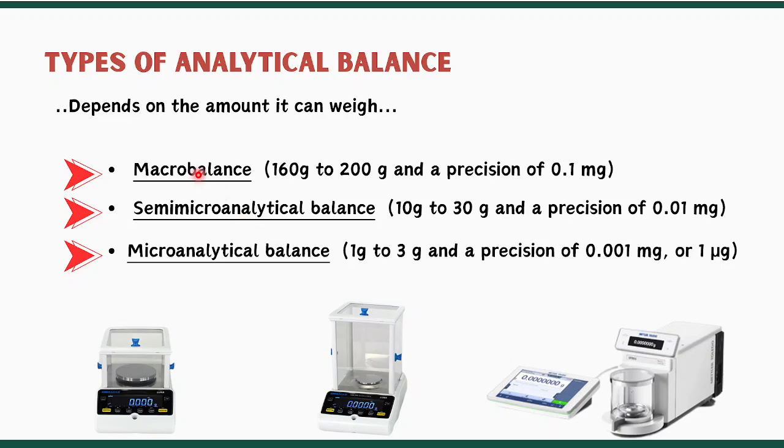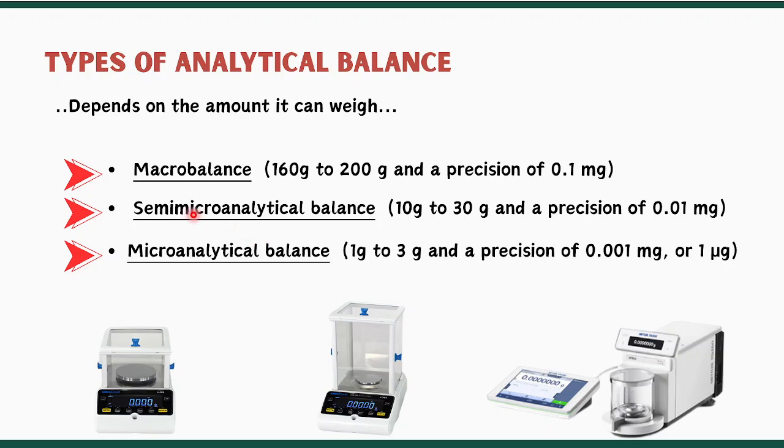Macro balance can weigh between 160 grams to 200 grams with a precision of 0.1 milligram. So 160 to 200 grams is what the macro balance can weigh, and any mass beyond that, it cannot.